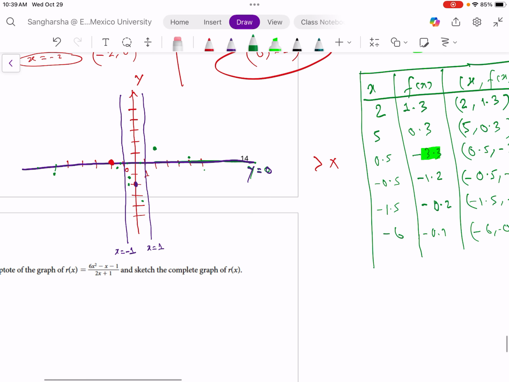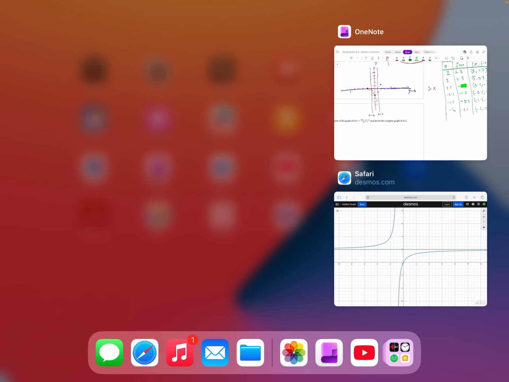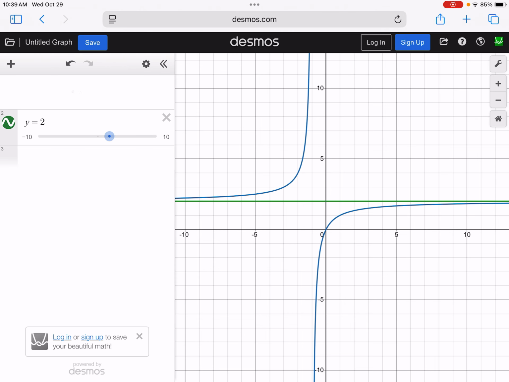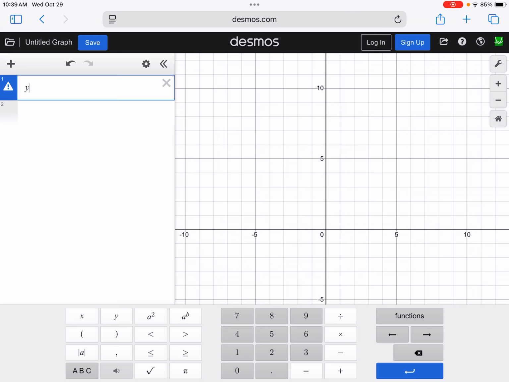Let's use our graphing calculator. Okay, so let's see how our graph looks like. Then I will use that and draw here. So our function is, and you do have a calculator, so you can always use it. If you have a close enough graph, then you get the credit. So we have y equals x plus 2, in parentheses, divided by x square minus 1.